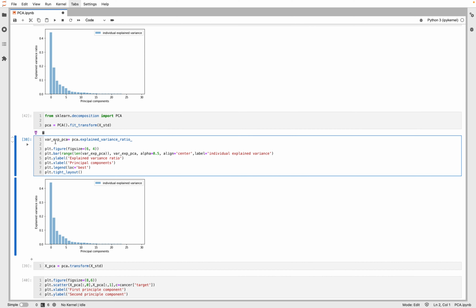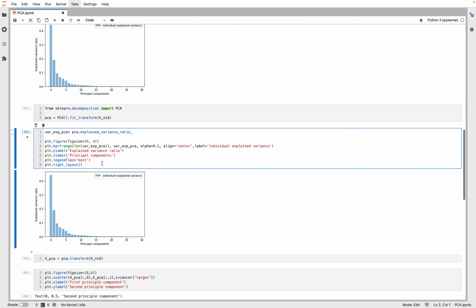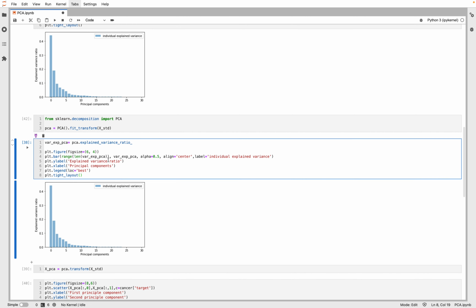The eigenvalue is represented by the explained variance ratio, and we plot out the result. We can see that the eigenvalues, or the explained variance, from the Scikit-Learn library are consistent with the ones that we computed manually.